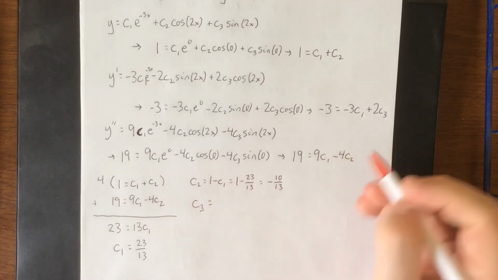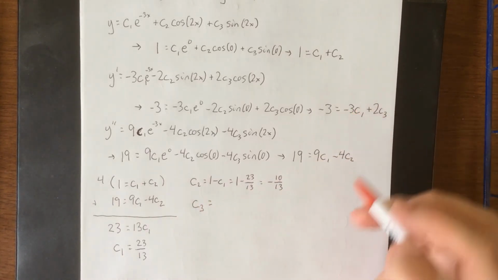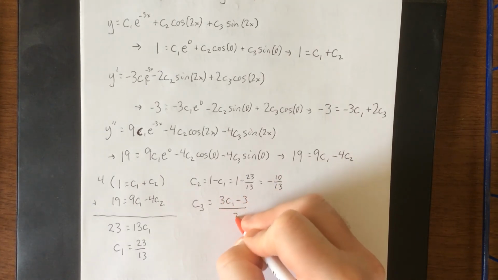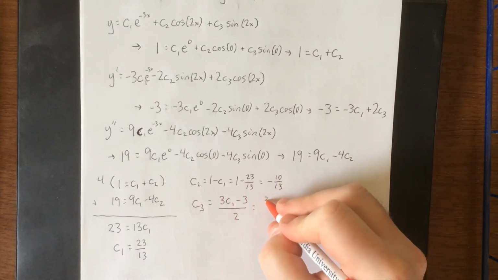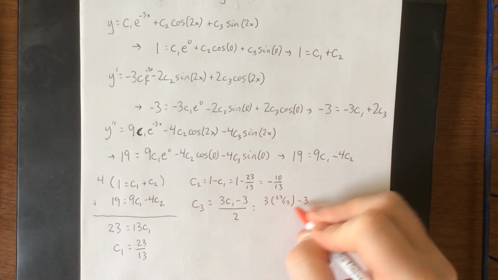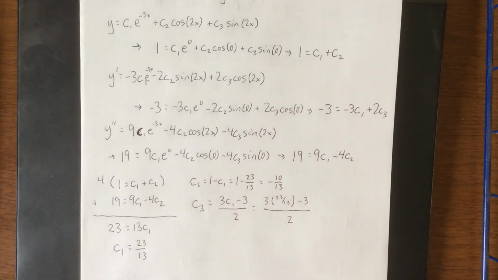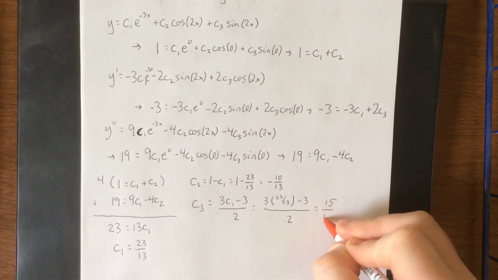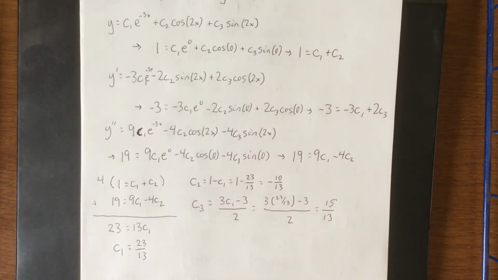So according to that equation, c3 would be equal to, I'd have to add 3c1 to both sides, and then divide both sides by 2. So 3 times 23/13 minus 3 all over 2. So if we factor out the 3, that'll be 23/13 minus 13/13, that's 10/13, 5/13, factor the 3 back in, that is 15/13. Boy, I hope I did that right. Yeah, I think we're good.